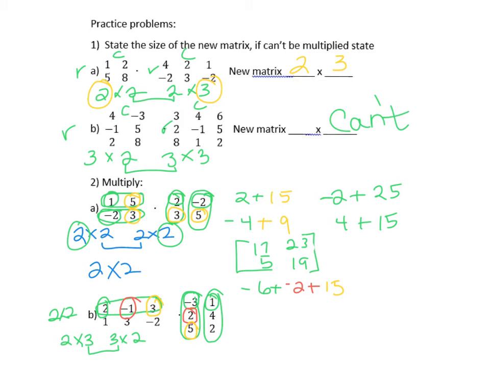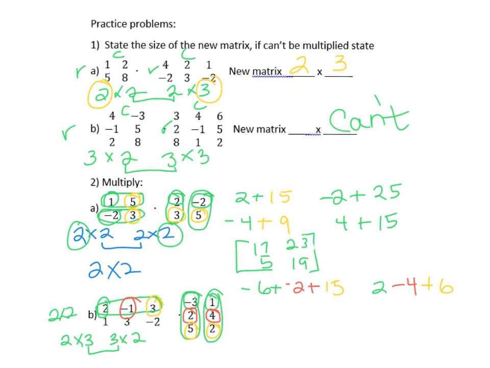So 2 times 1, negative 1 times 4, and then 3 times 2. So 2 times 1 is 2. Negative 1 times 4 is negative 4, and then 3 times 2, so that's plus 6.